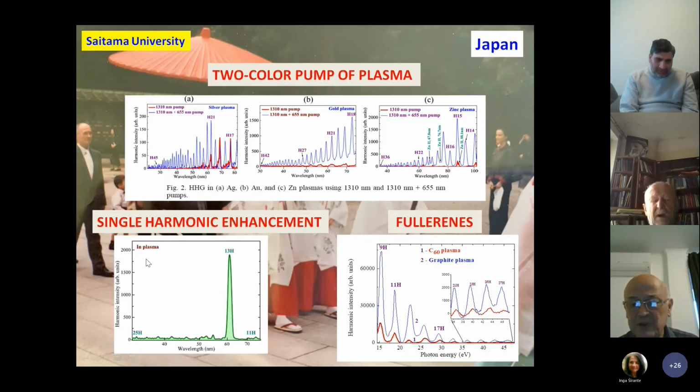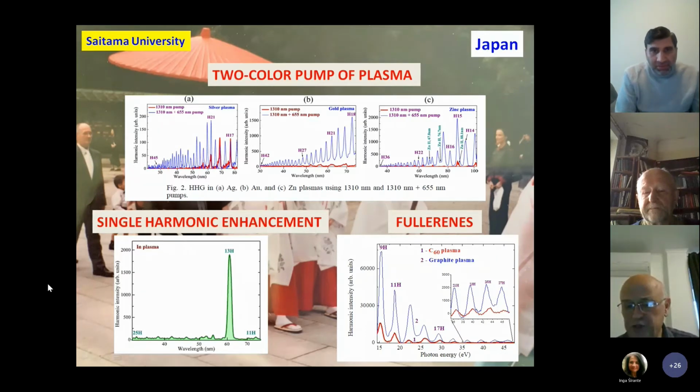Meanwhile, in the case of indium plasma, it was observed that one of the harmonics can be significantly larger, by a couple of orders, than other harmonics. It's some sort of source of a single harmonic in the case of indium plasma.